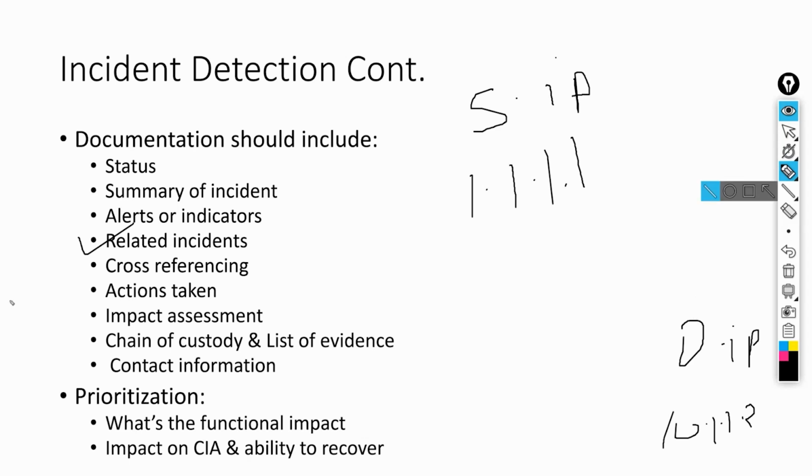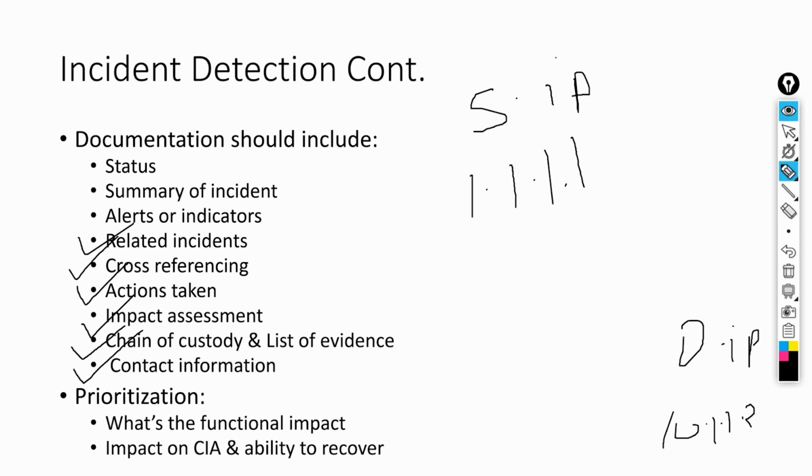It helps us correlate or cross-reference to identify what was done in the previous incident or offense, what actions were taken, and what the impact was. We must also have a chain of custody process to identify the list of evidence from where we need to collect, and proper contact information to notify the authorities.